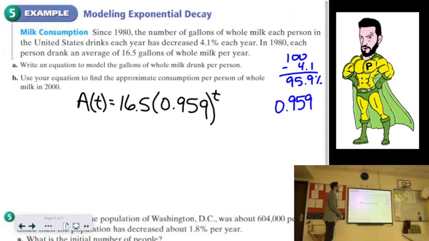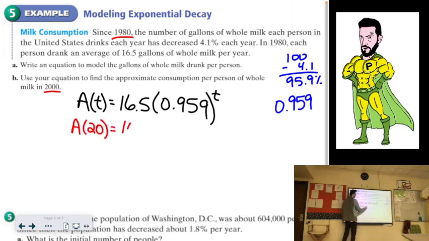Use your equation to find the approximate consumption per person of whole milk in 2000. So if we're starting at 1980, and now we're in the year 2000, that's 20 years. So let's see how much milk they're chugging 20 years later.